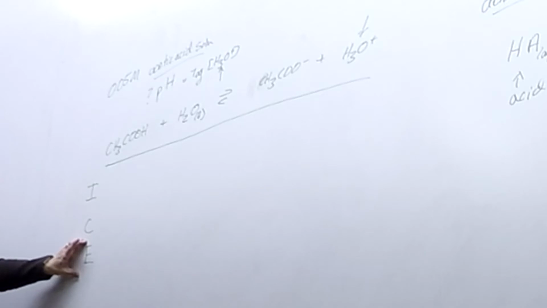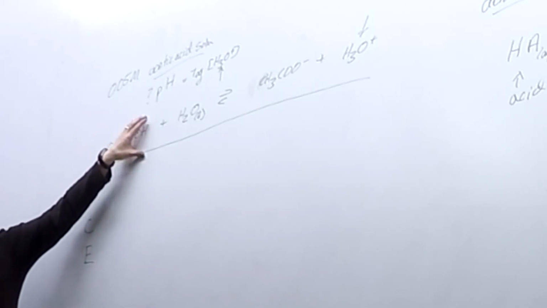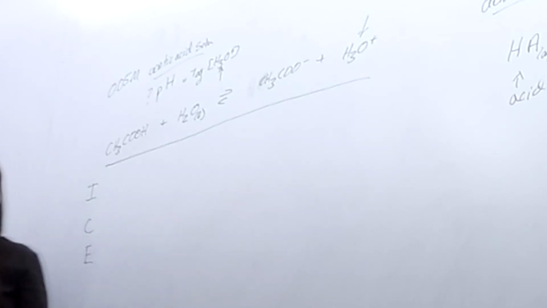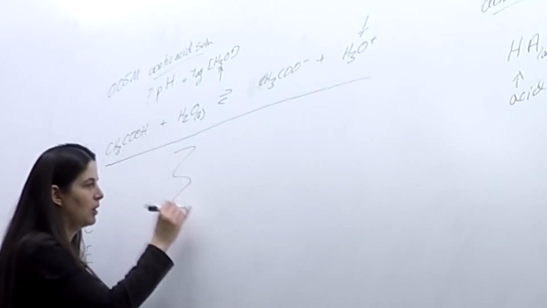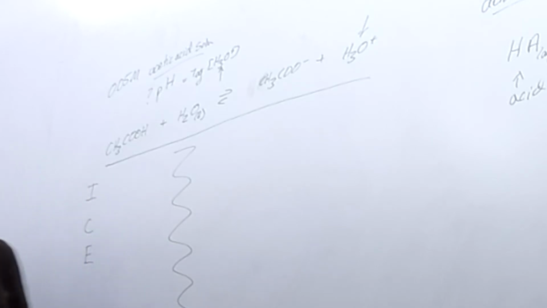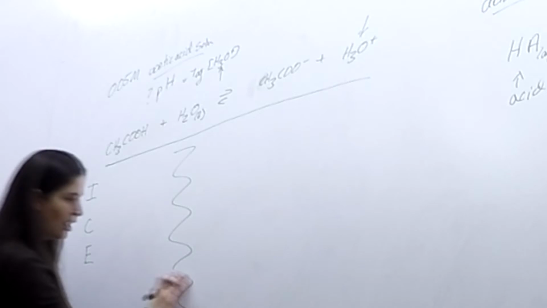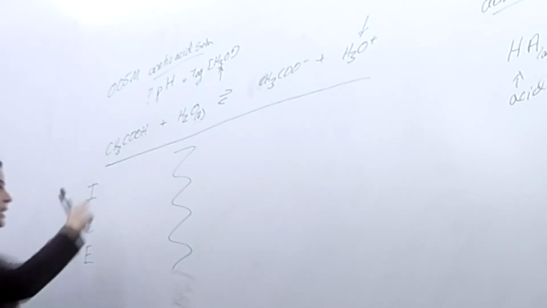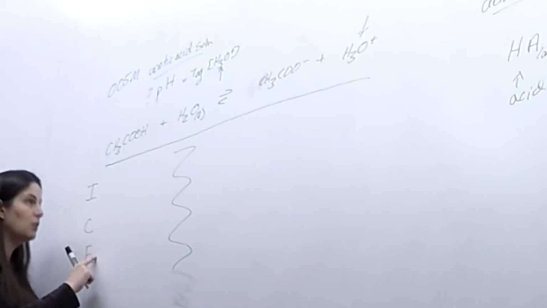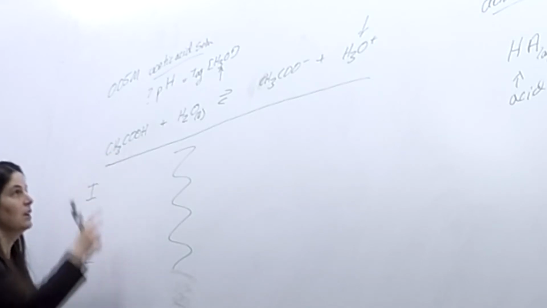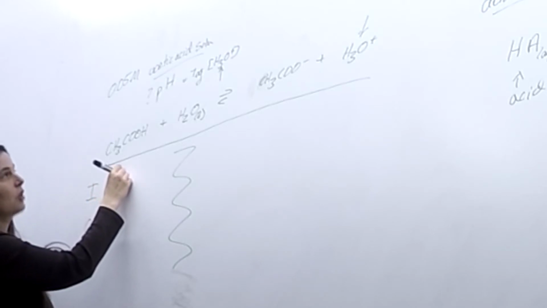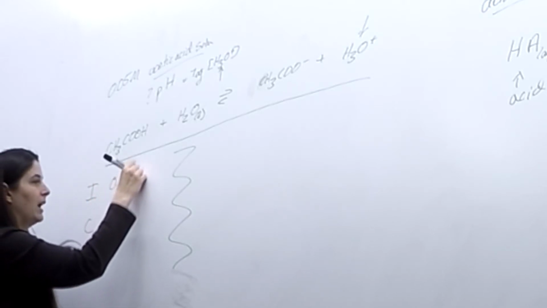When this reaction, this dissociation, reaches equilibrium, what is the concentration of our H3O? We will have no information on water because it is a liquid. That concentration does not vary enough to be included, so we leave it out. So we want to know the initial, change, and equilibrium of the vinegar, which the solution concentration starts off at 0.05 molar.